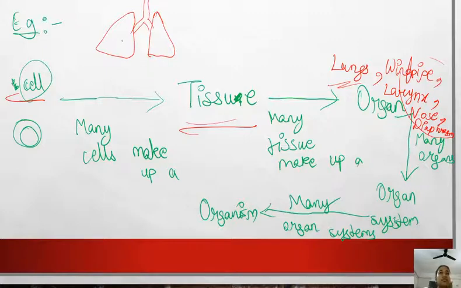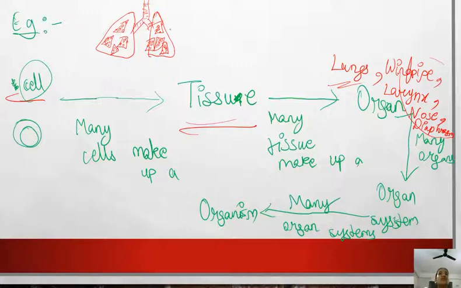I hope you know. Then each has alveoli and all these things. So your lungs are made up of basically many tissues. Consider these to be tissues. And many tissues are made up of small cells. So now you can see how basic and how small these cells are. Small structures, cells. So many tissues again form an organ.